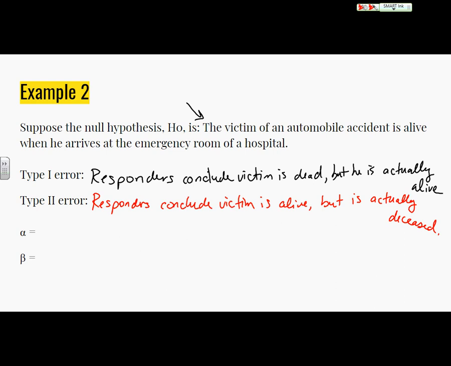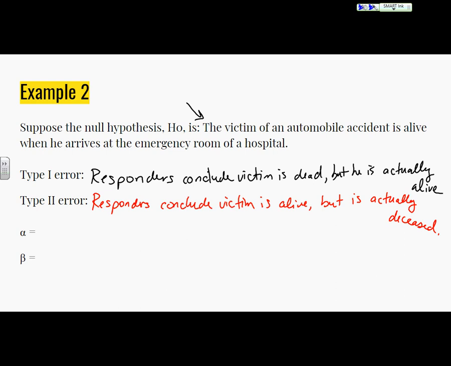So that one's not nearly as bad of an error. Suppose the victim was in a bad car accident and died on impact right there. I would want the responders to still think he's alive and try to save his life, but they're actually too late on it. So not nearly as bad of an error on there.